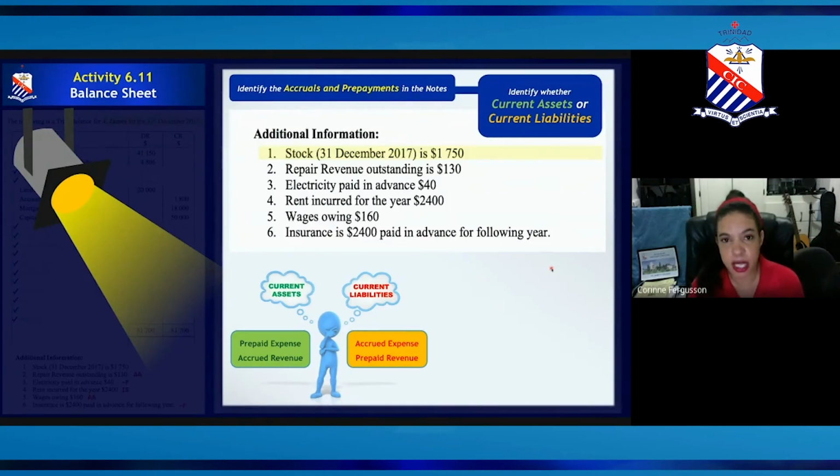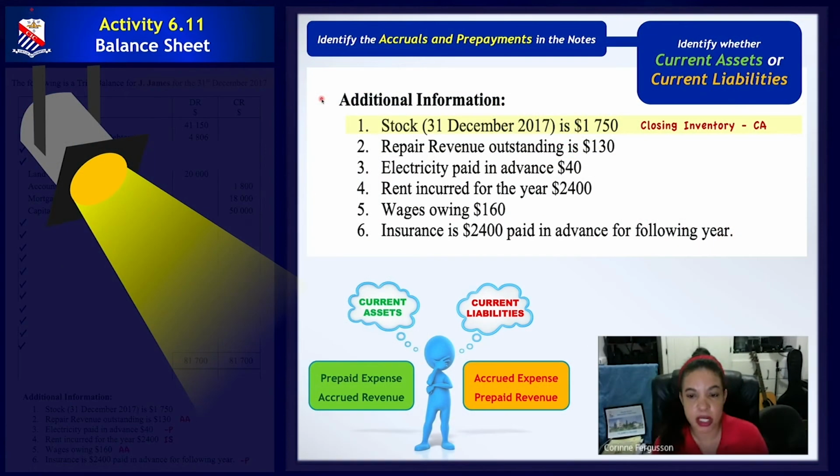So we had dealt with that already in the income statement, but it is to note that your closing inventory also goes in your balance sheet under current assets. So we just have a little note there of that. But we are going to go on to the actual adjustments now.